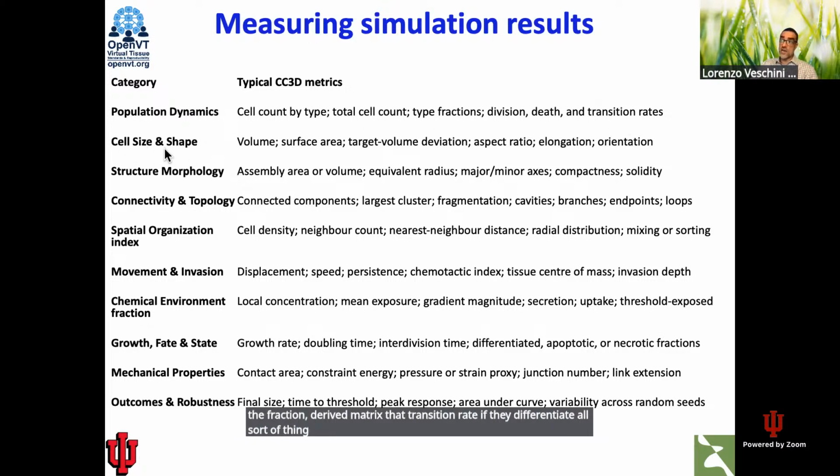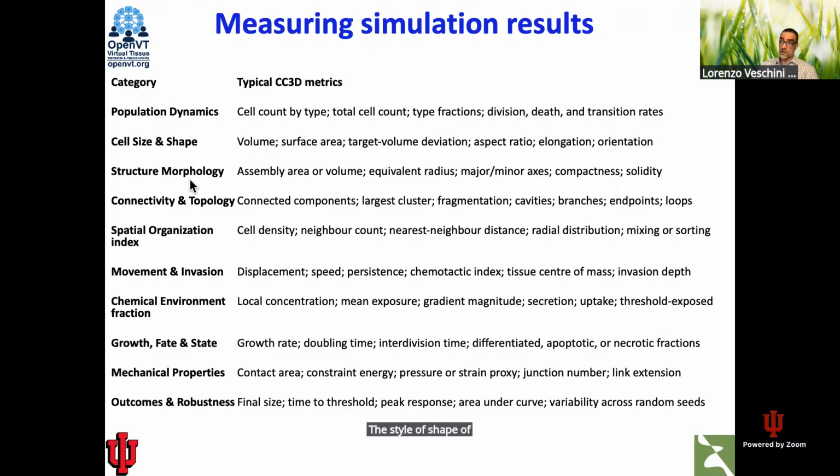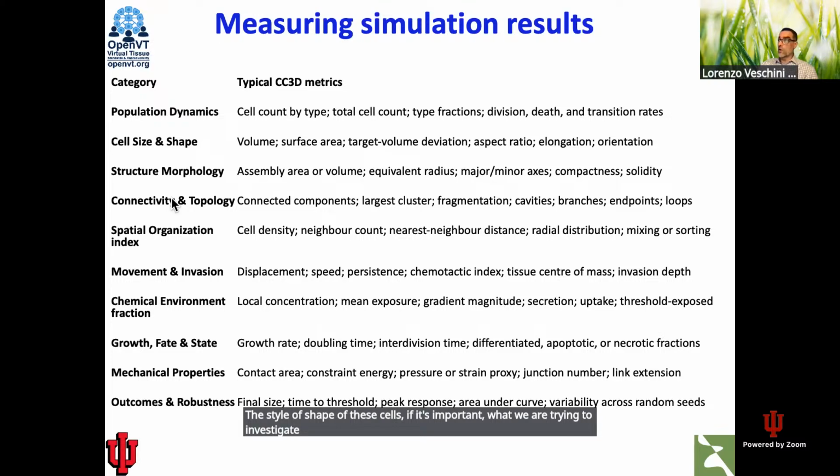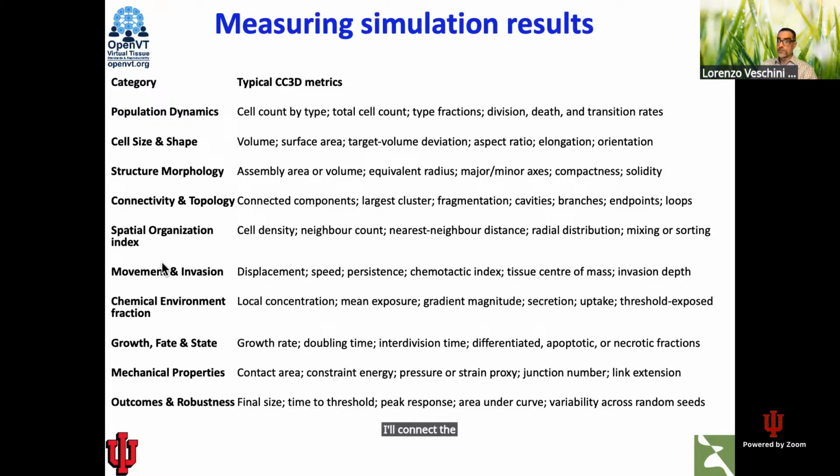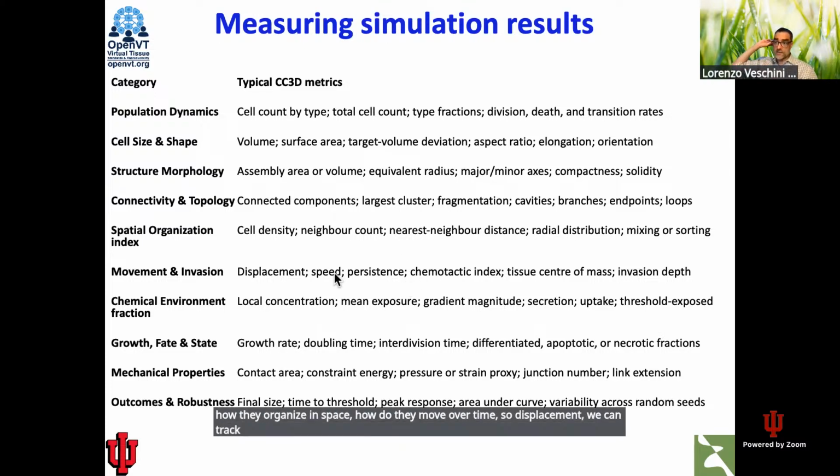The cell shape of these cells, if it's important to what we are trying to investigate, the morphology of multicellular assembly, like what we are doing now, looking at patterns, how they connect, how connected components interact, how they organize in space, how they move over time, so displacement, we can track center of mass or other bits.